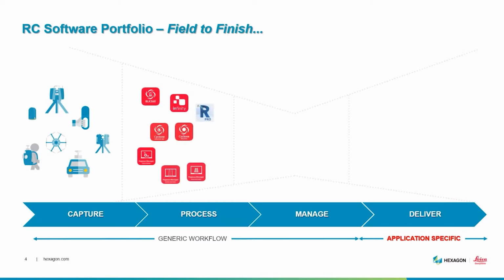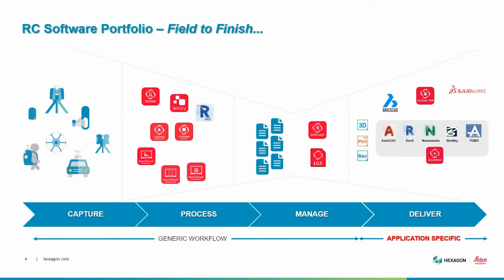The process stage inside the software is where we take the data from the field and pre-process that information within things like Register 360 and Infinity. We then push that through into the manage stage, where we create and publish unique file formats such as LGS and Jetstream.